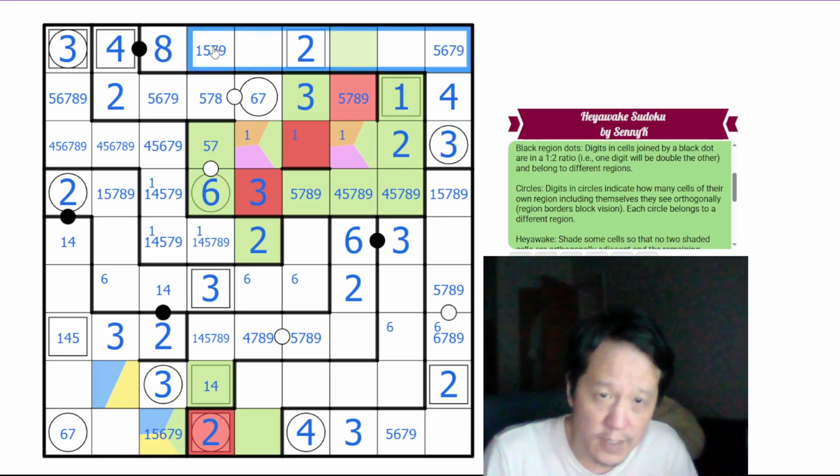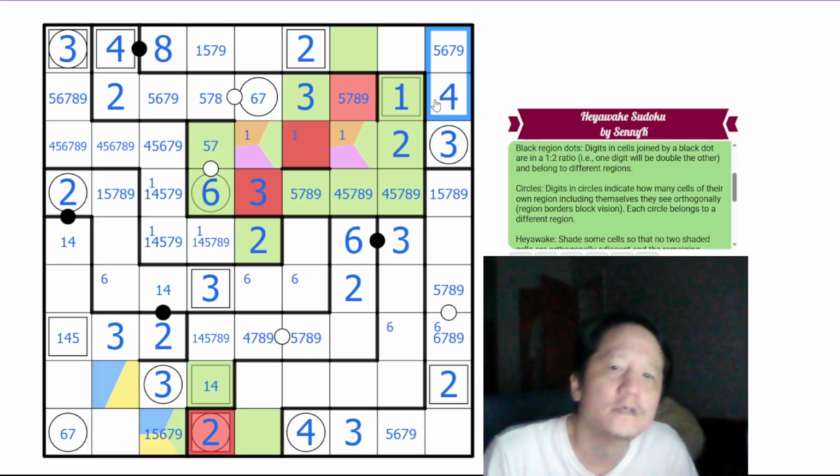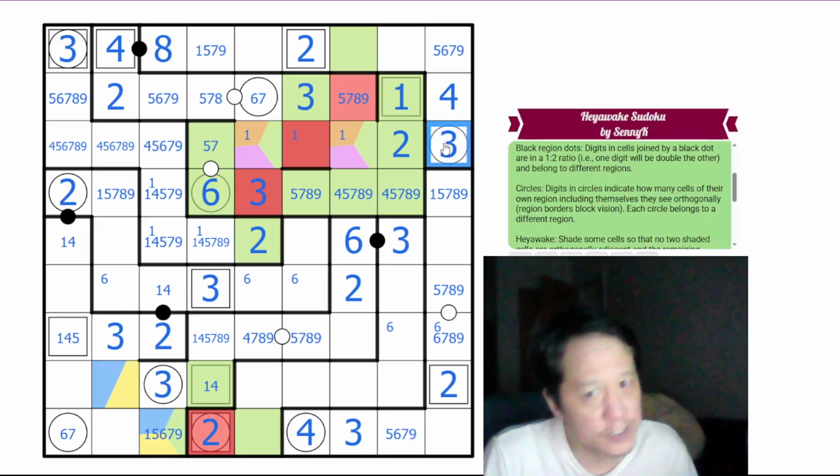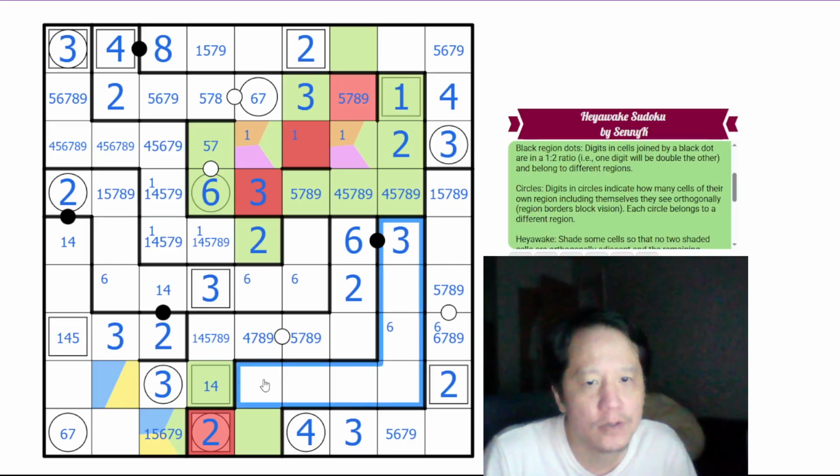Realistically, none of these have to... Well, okay. This doesn't have to be shaded. So these don't have to be shaded. This could be shaded. We have 2 shaded cells here, 1 more here.